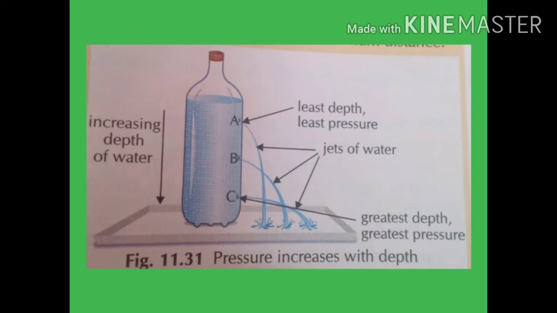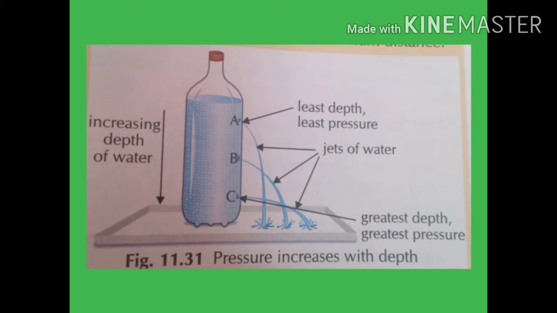The water from the hole B goes a little farther away, whereas the water from the lowermost hole C travels the maximum distance. Now, by this experiment, we conclude that the depth of water near hole A is less, so the water comes out from the hole A with less pressure and falls near the base of the vessel.